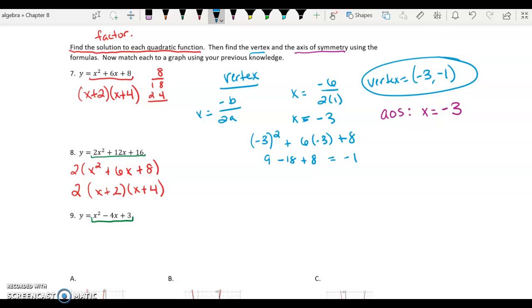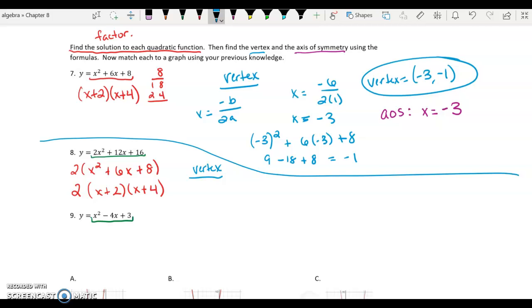I'm going to find my vertex. It's going to be negative 12 over 2 times 2 for my x. So my x is negative 12 over 4. I get negative 3 for my x. However, I want to plug that back in and solve it. So 2 times negative 3 squared plus 12 times negative 3 plus 16.